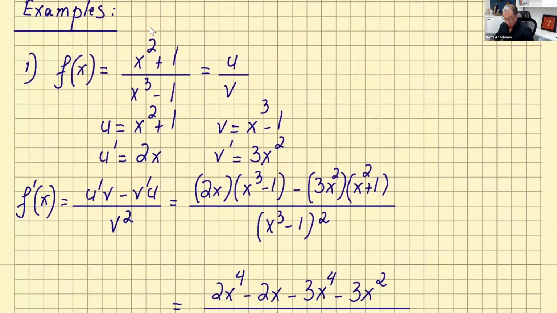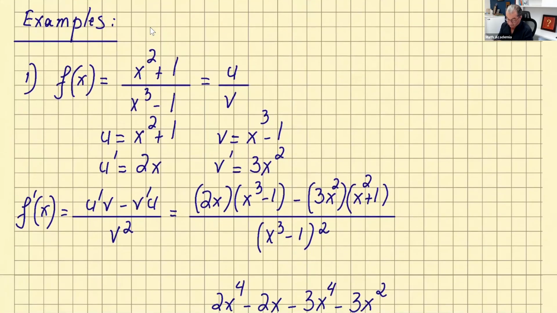Let's do an example. f of x is x squared plus 1 divided by x cubed minus 1. This is our u, and that's our v, or numerator and denominator.